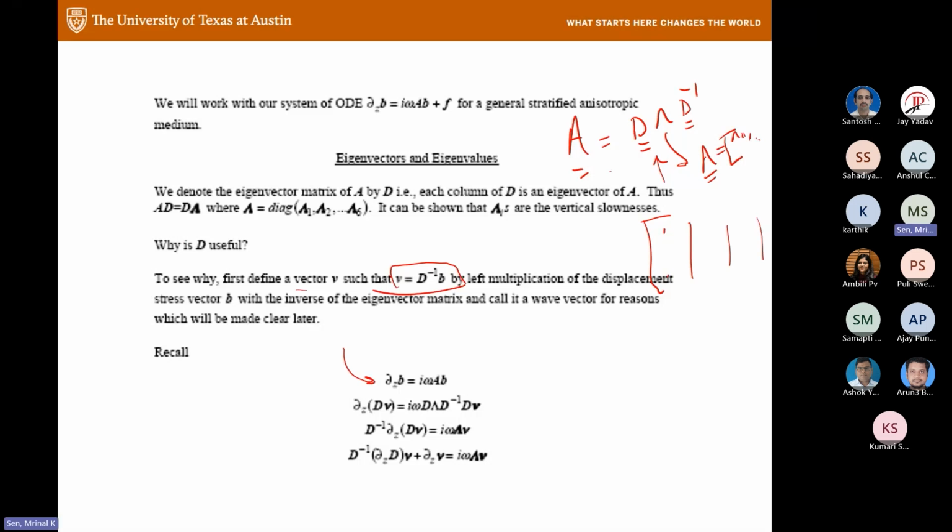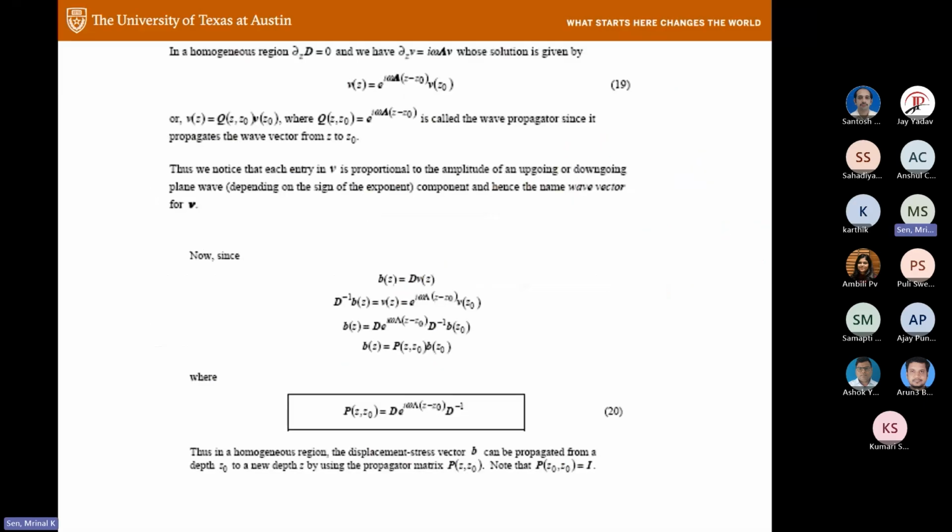If you did that, then you get an equation that looks like this. And it turns out that you have something called I omega lambda here. Now when you first look at it, you might wonder why do we need this. But what you see here is that if you want to compute V, which we'll be calling a wave vector, you can simply take the response at V z naught, at depth level z naught, and go to z simply by multiplying with this term.